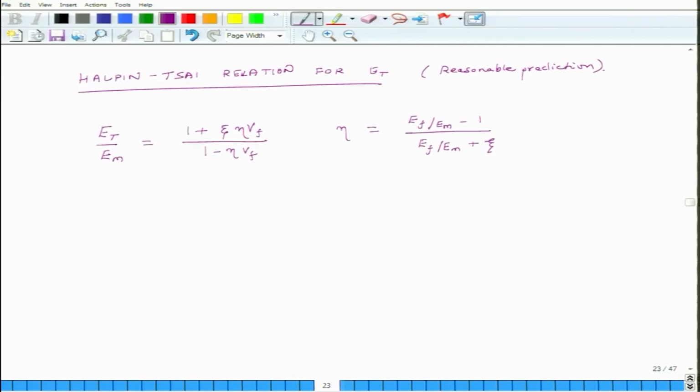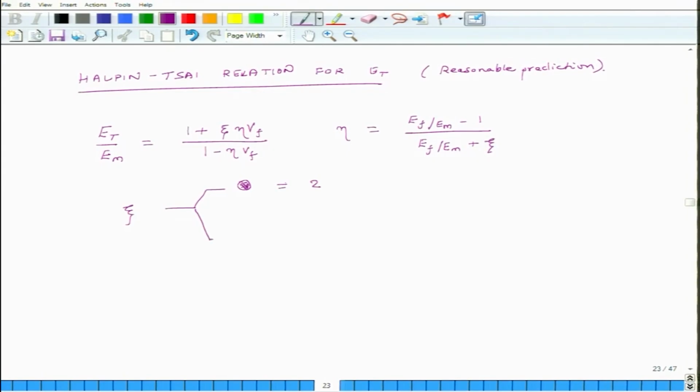And then you will wonder what is zeta. So, zeta, it depends. If you have circular fibers which have circular cross section, then it is equal to 2.